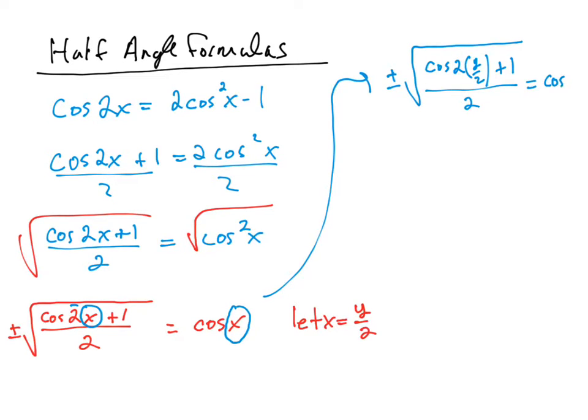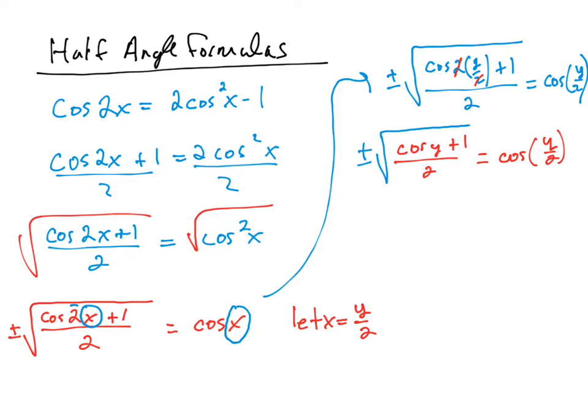That's going to equal cosine of y over 2. So in the numerator of the radicand, those 2's are going to cancel. So we end up with cosine of y plus 1 divided by 2. That is equal to cosine of y over 2.